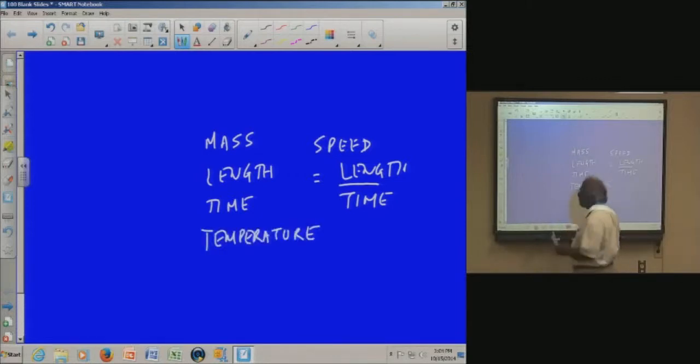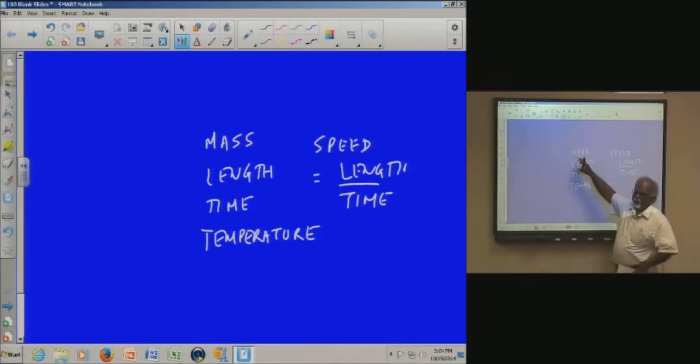And we talk about something being hot or cold. What we're really talking about is we use the unit of temperature to define something hot and something cold. But of course, just like mass can be defined as grams and pounds and so forth, temperature has different ways in which we can represent it.